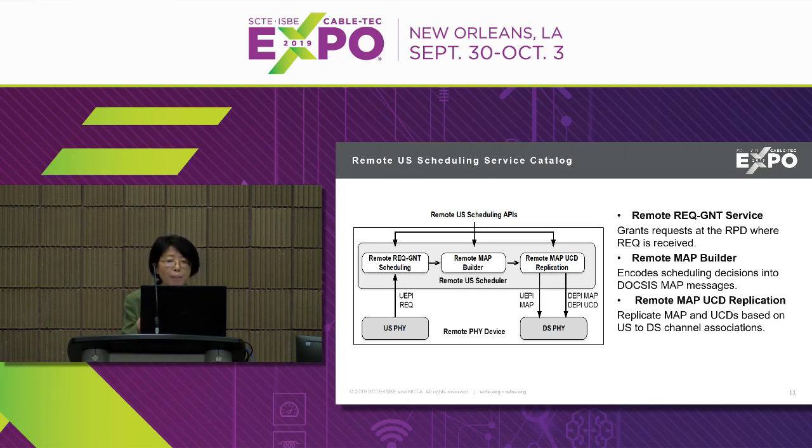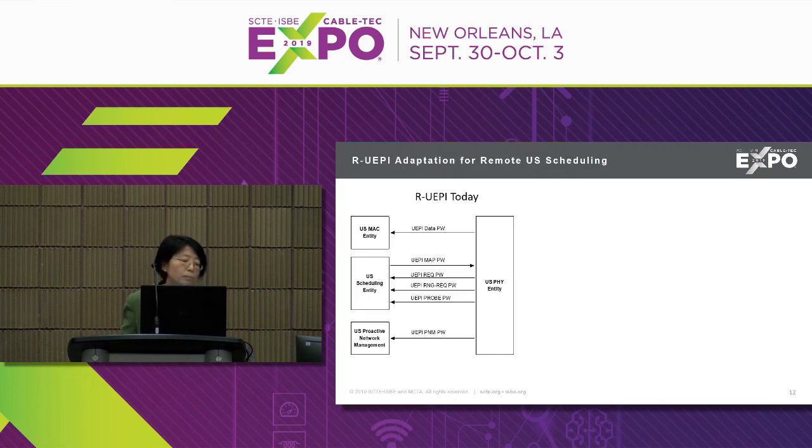And also, those map messages need to traverse the network, which takes a lot of network load as well, right? So by doing the remote map UCD replication, it alleviates the CPU load at the core as well as reduces latency sensitive map traffic through the network. So these are the three service types that we're talking about when we're talking about remote scheduling service.